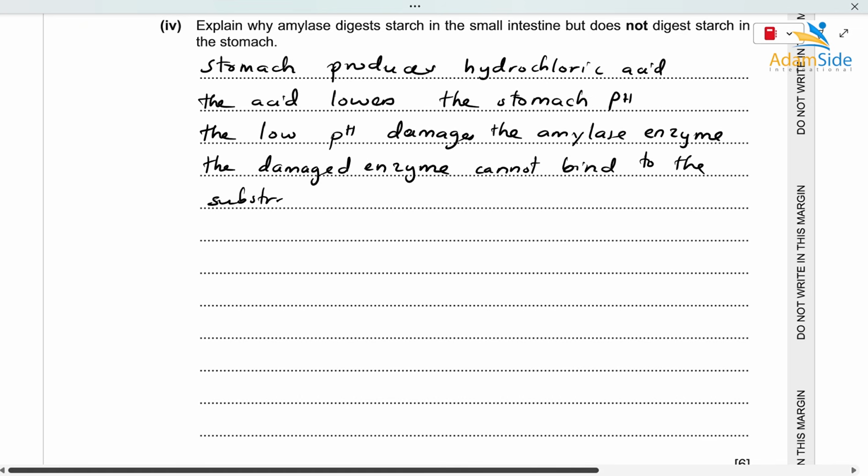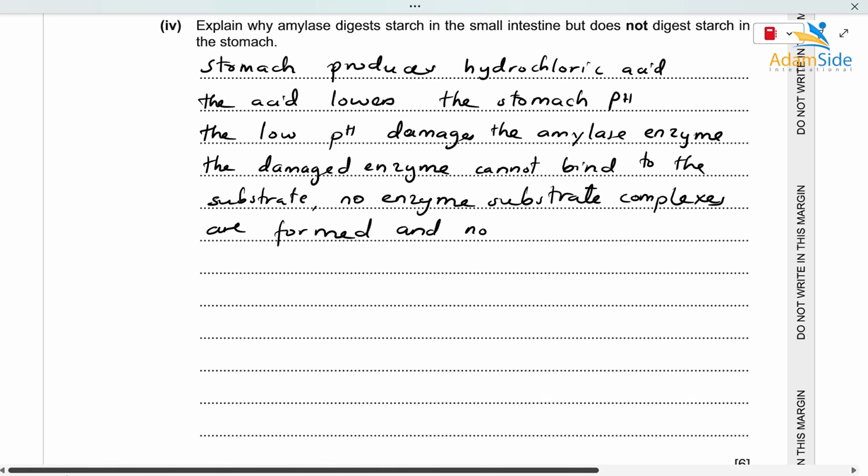And if no binding is taking place, it means no enzyme substrate complexes are formed, and no products are formed. Hence amylase cannot work in the stomach.